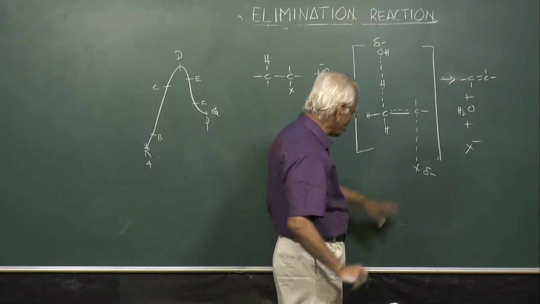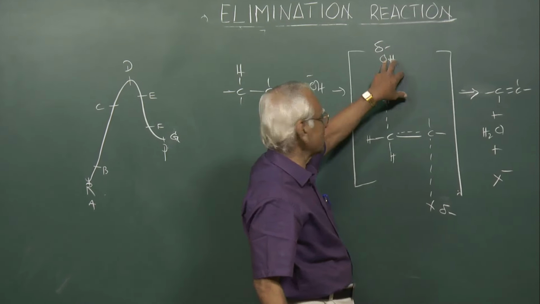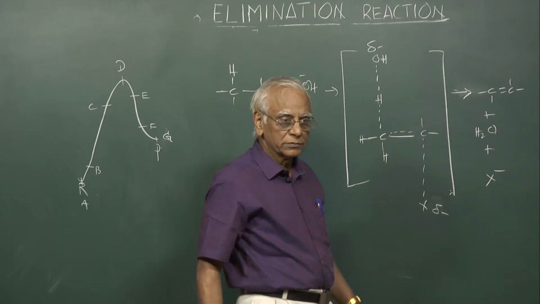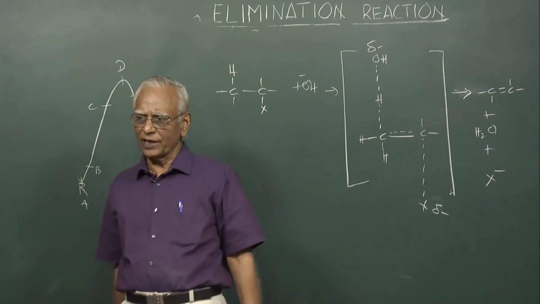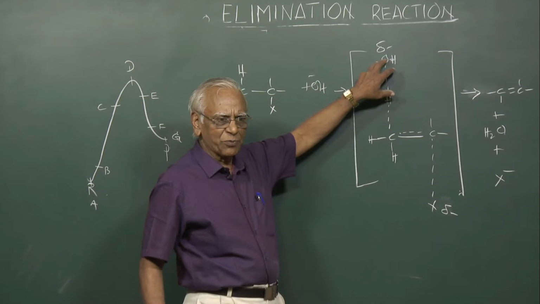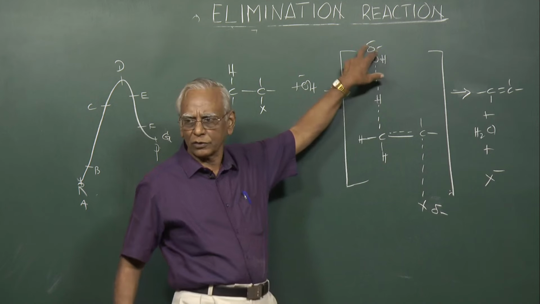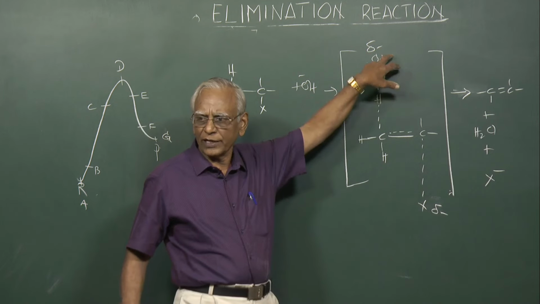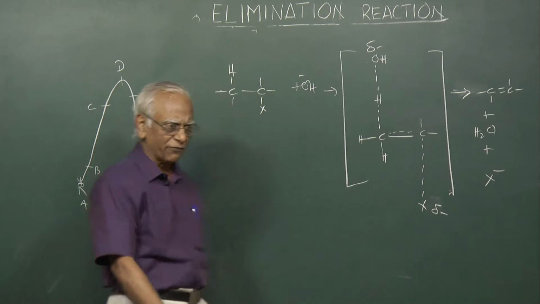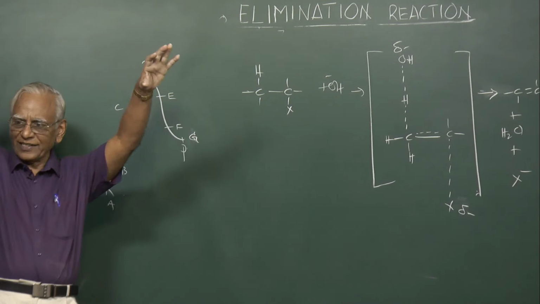What should be the total charge on the halogen X and oxygen here? Minus 1, the sum of these two charges. Roughly minus 0.5 and minus 0.5, and equal charges, probably it should be at the transition state.